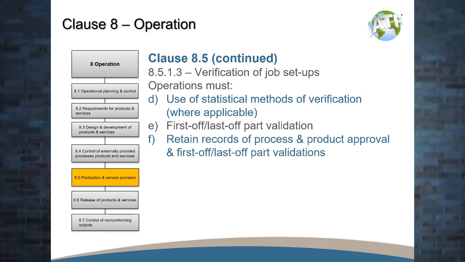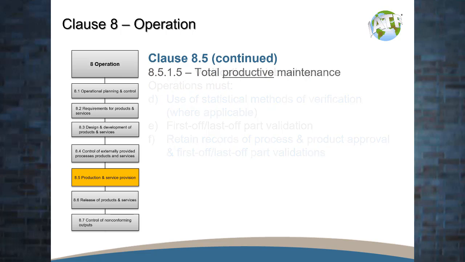And F is retain records of process and product approval and first off, last off part validation. So we want to see a record there kept for that verification of the job setup and first piece, last piece verification.